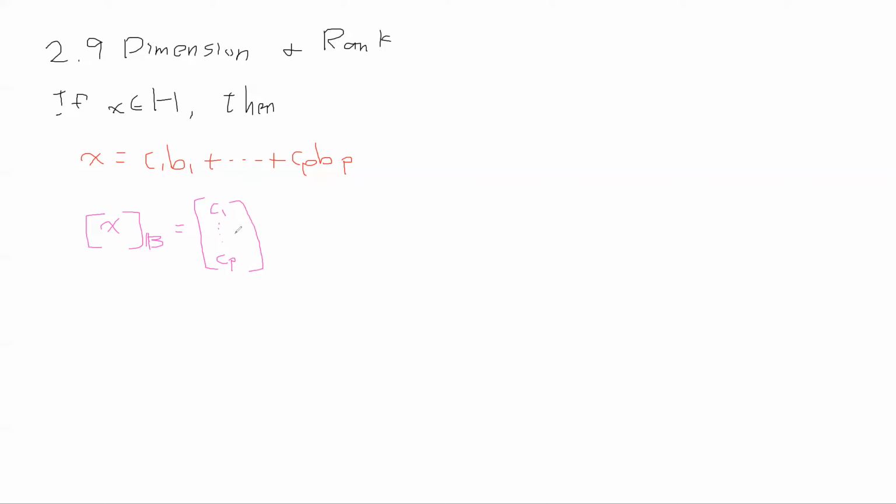And this vector of weights to get x with a linear combination of b's is called the coordinate vector of x.